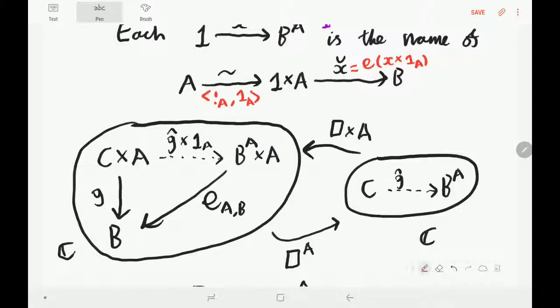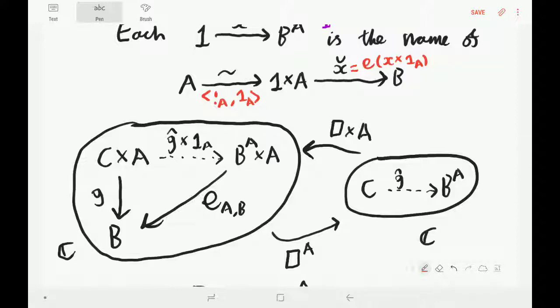It's defined by the property that for any object C over here on the right, if we apply the blank times A functor to it, we get C times A, and if there happens to be an arrow G from C times A to B, then there has to be a unique intermediary arrow, which we call G cap, with the property that when we lift it under blank times A, we get G cap times 1A, and E after that is G. So that's the nature of exponential objects in terms of talking about them as terminal morphisms.